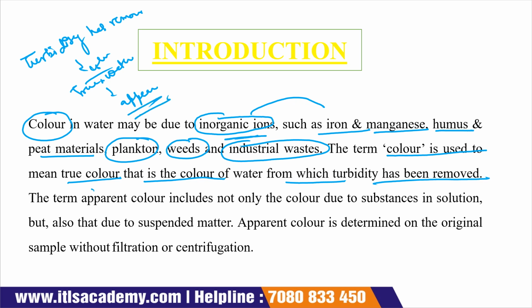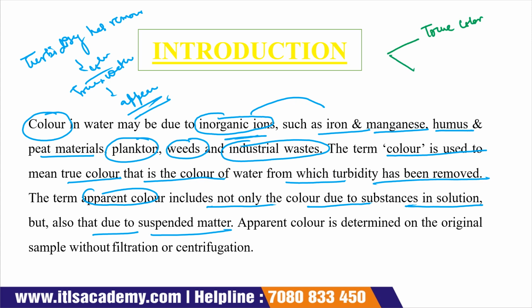The term apparent color includes not only the color due to substances in solution but also due to suspended matter. So color is defined by two terms. One, which I already discussed, is true color, which means that when we remove the turbidity, the color of the water is called true color. The next term is apparent color.